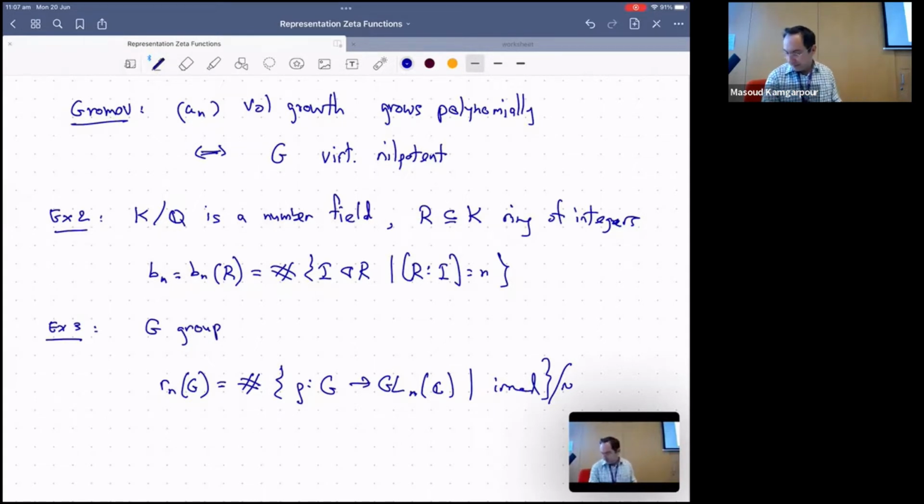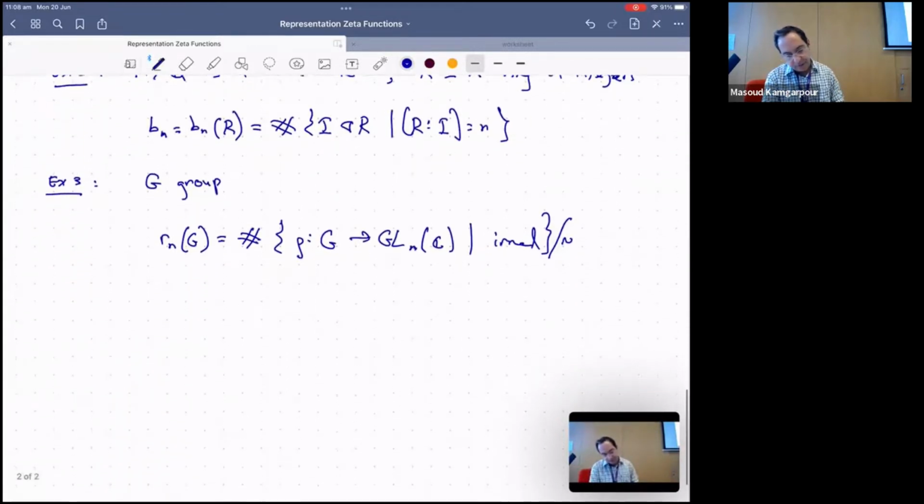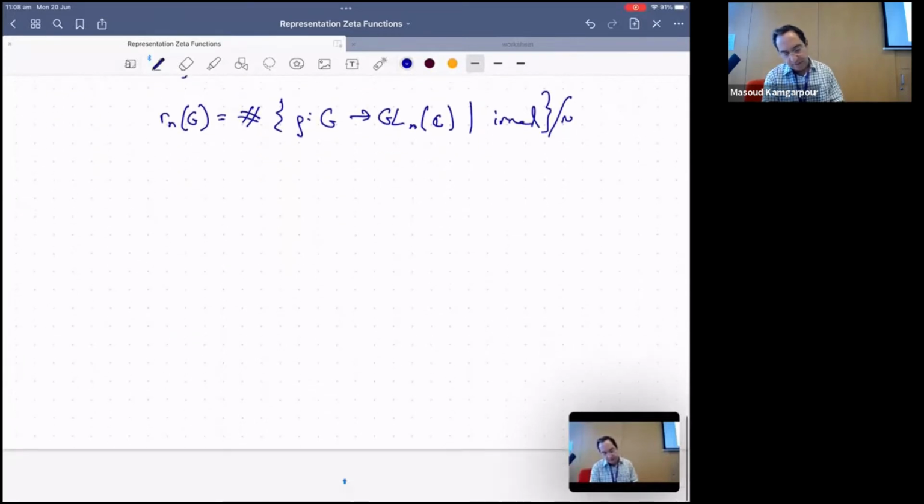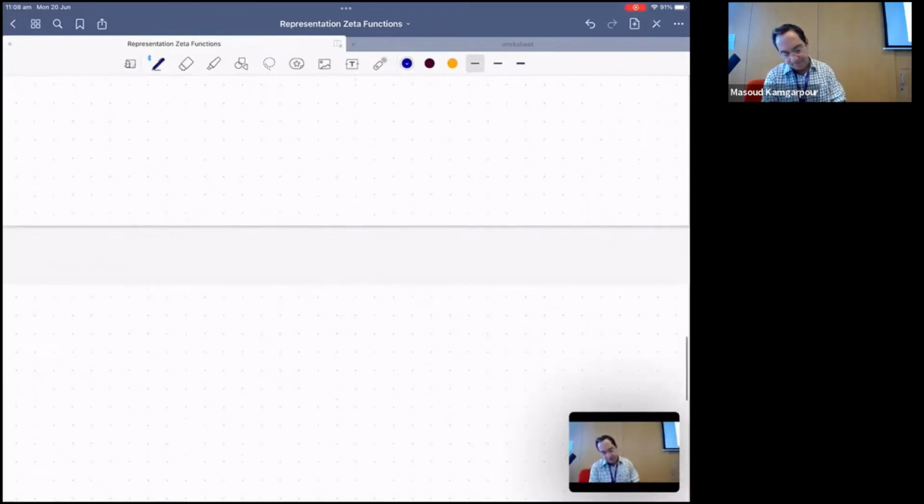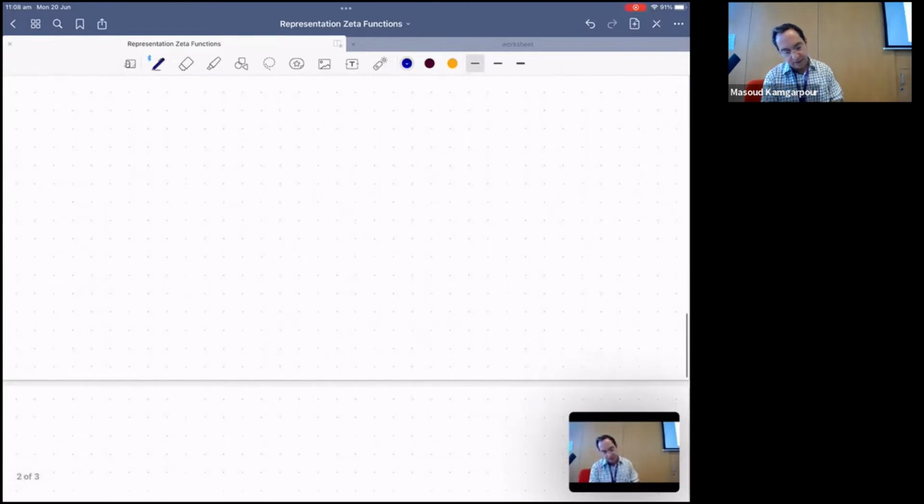I want to talk a little bit about generating functions and zeta functions and give you some background, but also I'm going to use this knowledge and transport it to representation zeta functions. So one of the things that is very useful to do is to take the sequence and put it in a generating function.